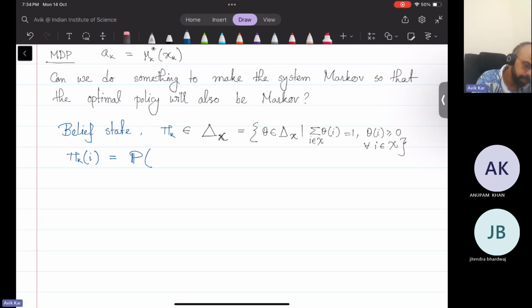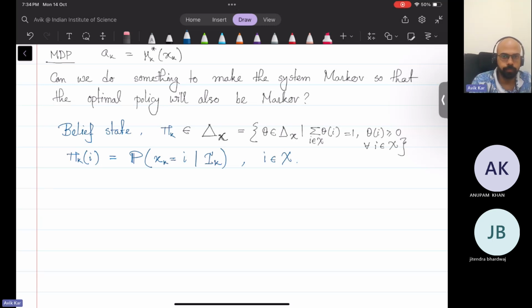So i is the ith element, or probability of the state i. So it basically denotes the probability that the state x_k is equal to i given the information we have gathered till time k, where i is a state and I_k the information till time k.